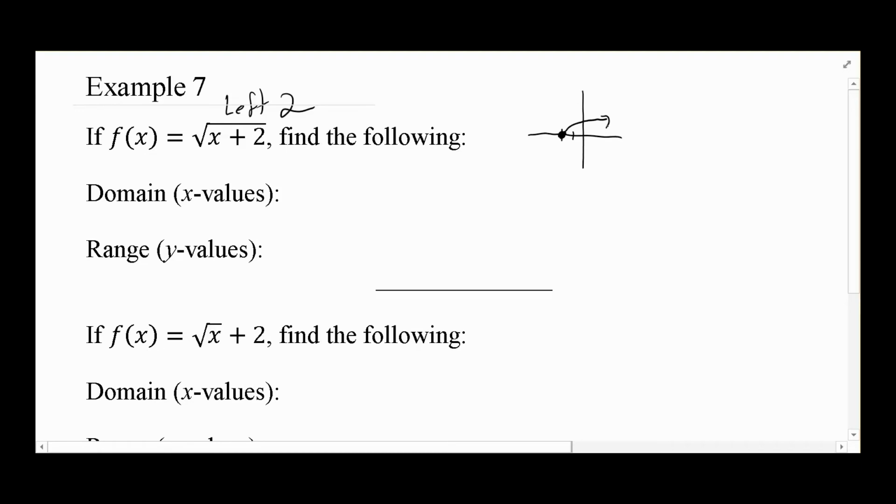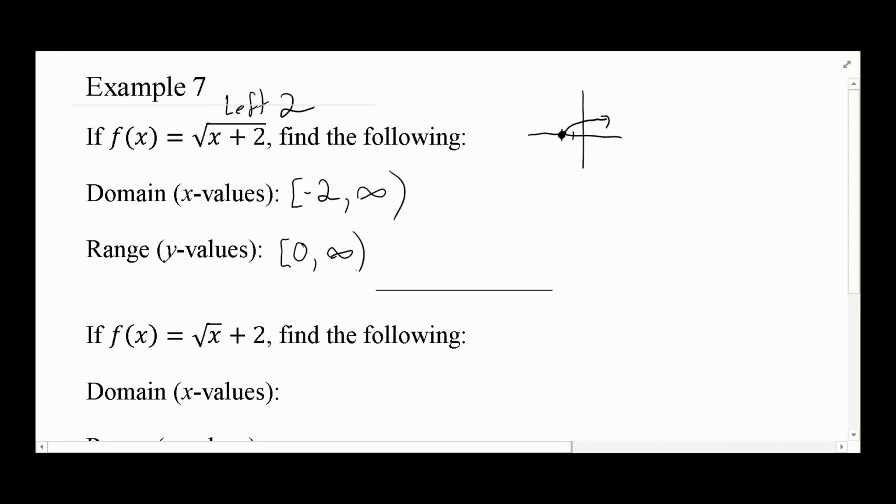So if you're being asked for the domain and range of this, the domain, or all the x values, the leftmost x value that we ever hit is negative 2. The rightmost, well, it keeps going to the right to infinity. As far as the range, or the y values, the lowest y value we have is 0. And this guy keeps going up.